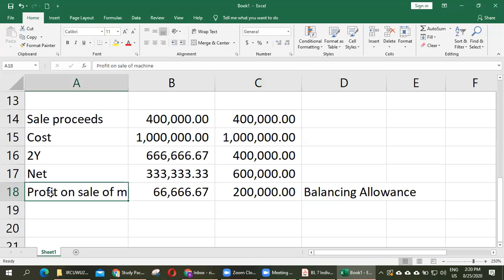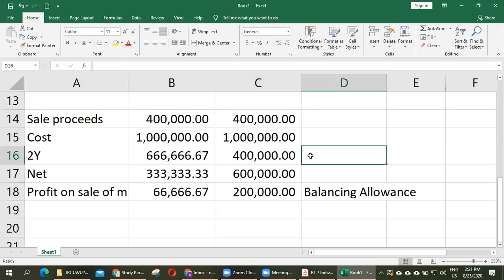In accounting, we say profit from sale of machine or loss on sale of machine when we deduct depreciation. But here we deduct capital allowance, right? We deduct capital allowance, not depreciation. Therefore, this answer is what? Balancing allowance. Simply, it's called what?